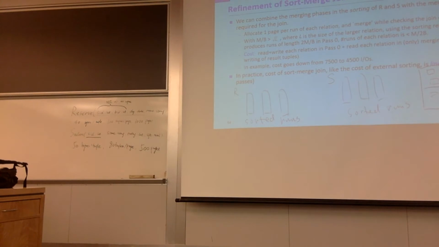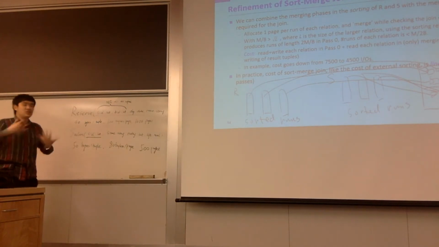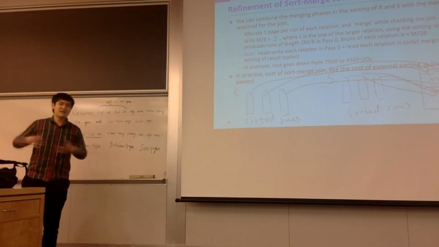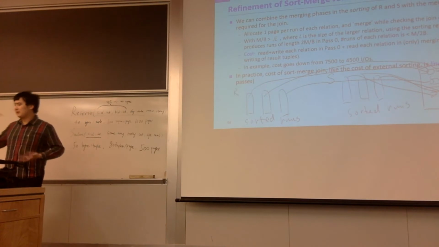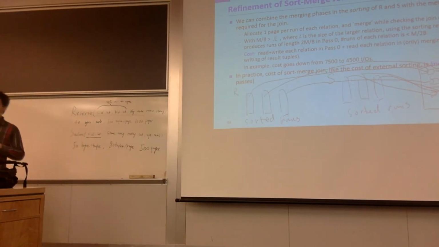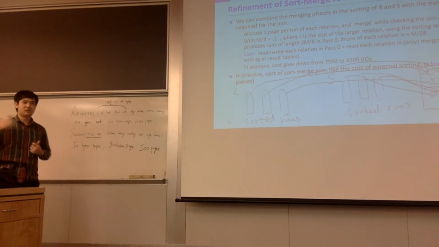Then each time, you get one page out of each run into the buffer pool, something like this, and you start the merging, like using a min heap or something else. You just try to find the smallest element you're currently pointing to.